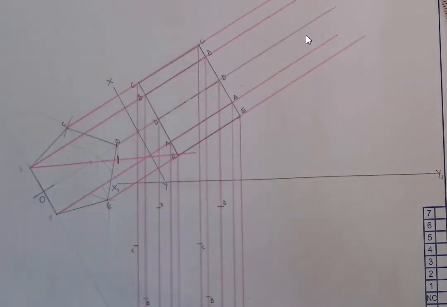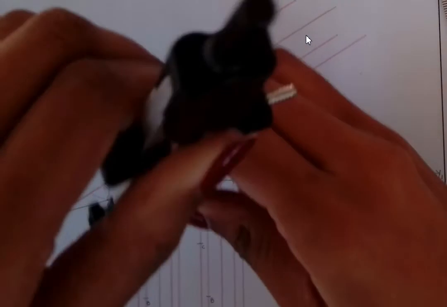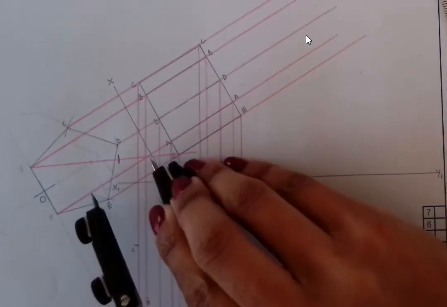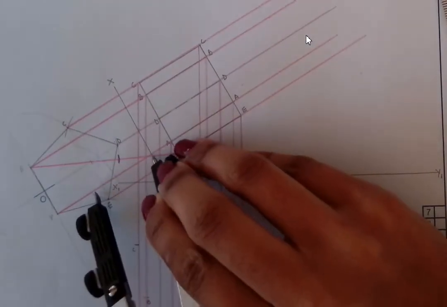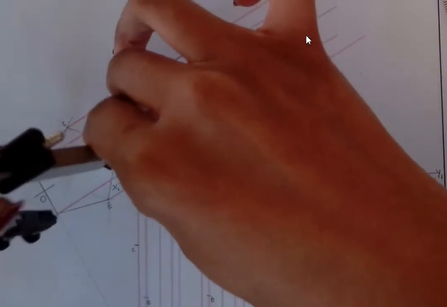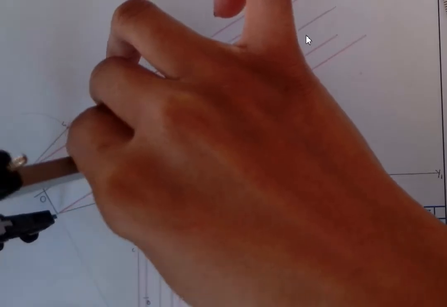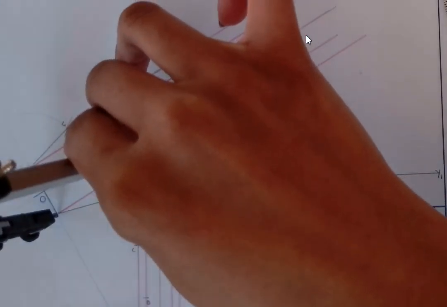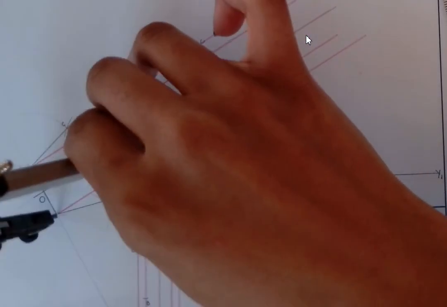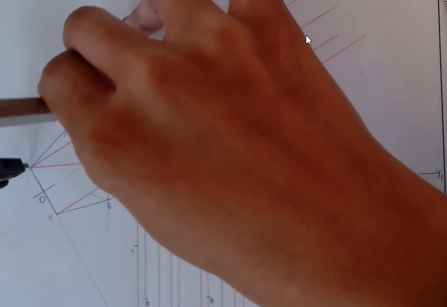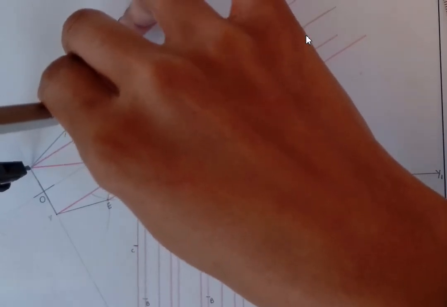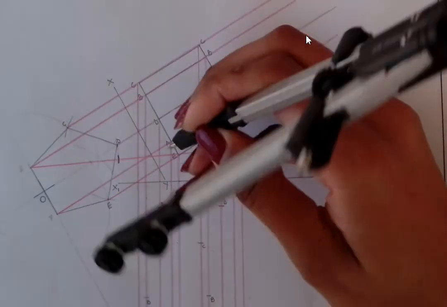And then we will move on to point A. So from the XY line, there is the XY line there, all the way to point A. And as you will notice, point A and point B, they literally have the same distance.